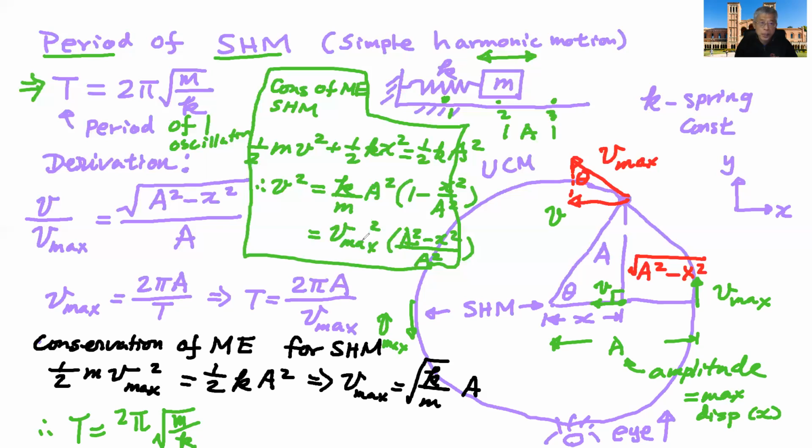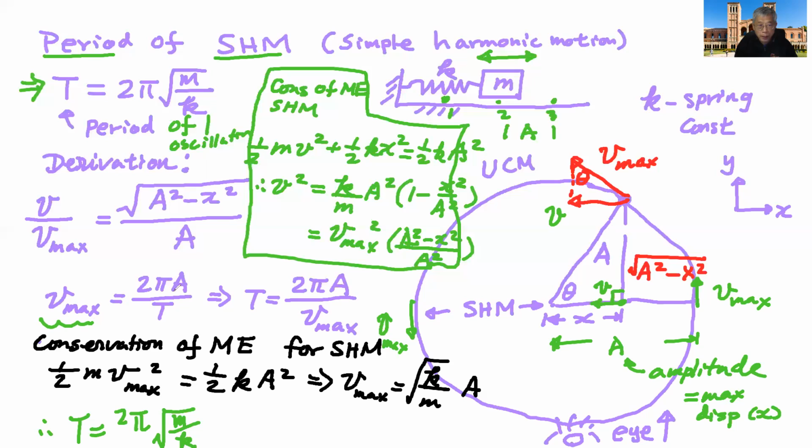Now we're going to go straight into the derivation of the period. So we know the Vmax is equal to 2 pi A, which is 2 pi R, right? This linear speed is equal to the circumference, and this circumference is 2 pi R, and R is the A, right?